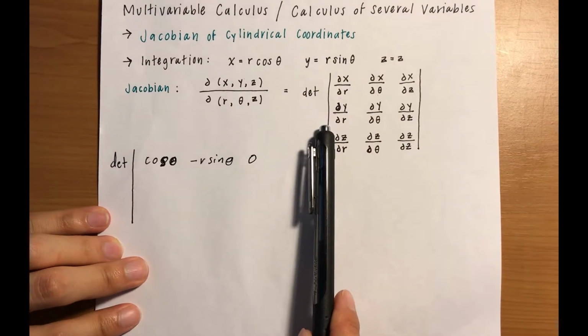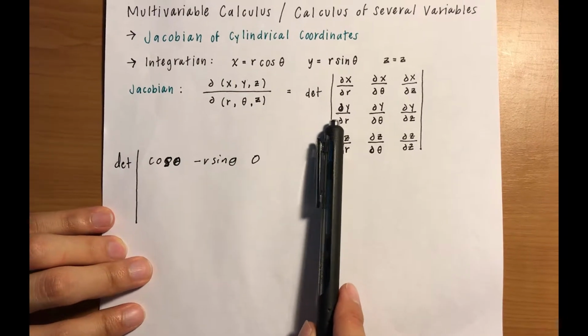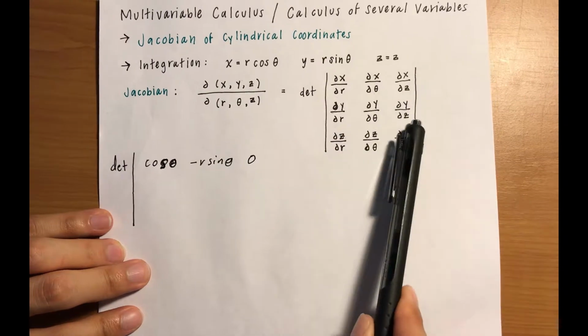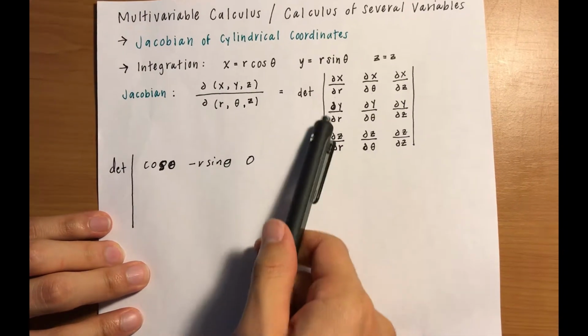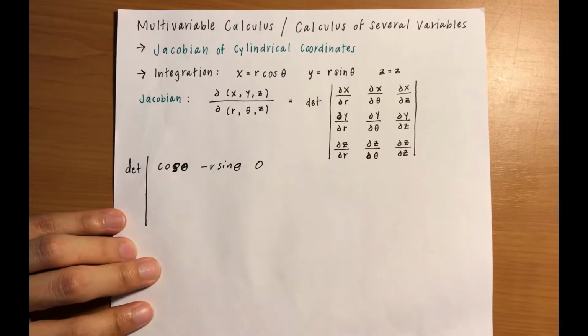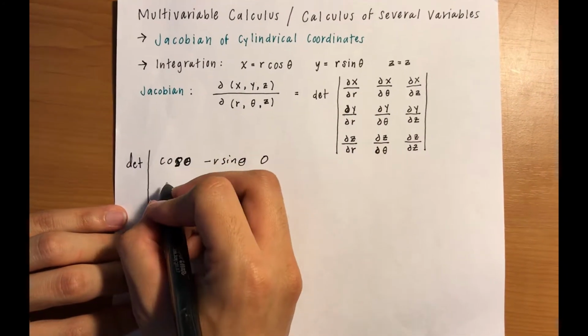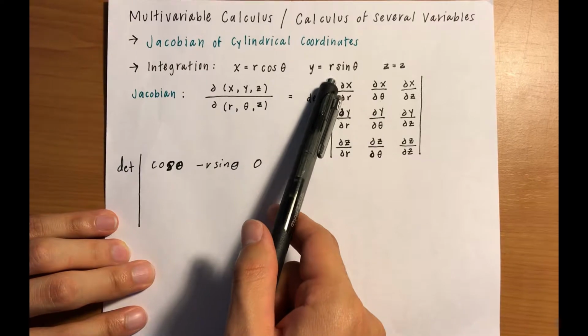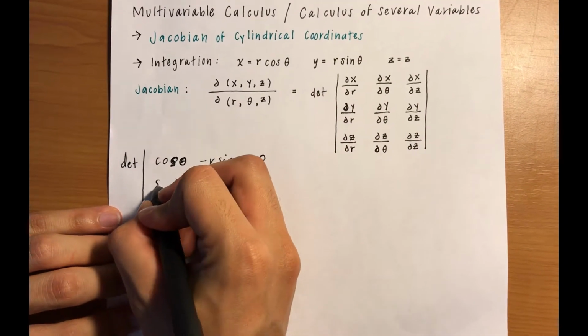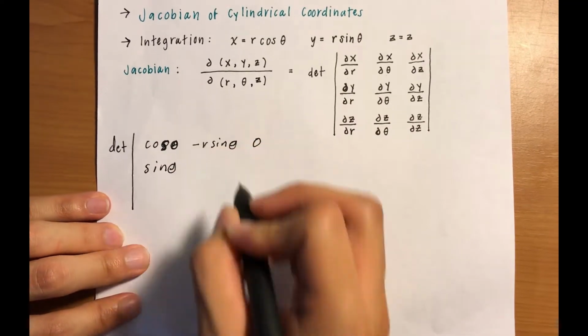And now moving to the next row, we're using the y function now. So partial y with respect to r, theta, and z is what we'll be calculating. First with respect to r, the partial of r sine theta is just sine theta.